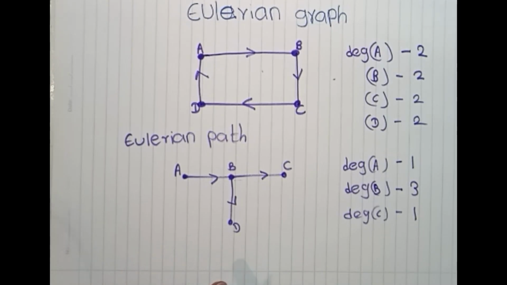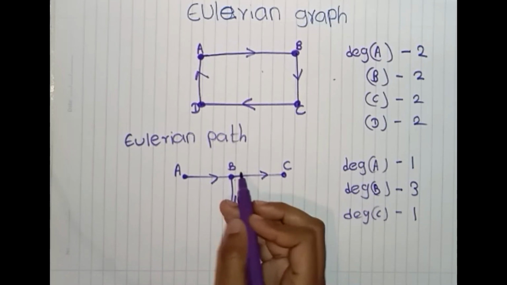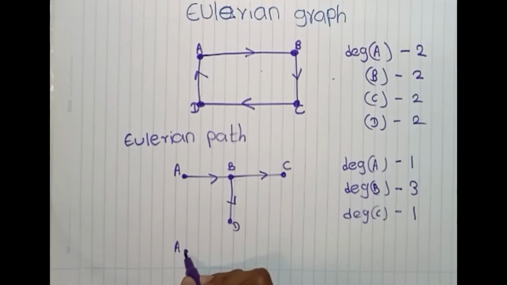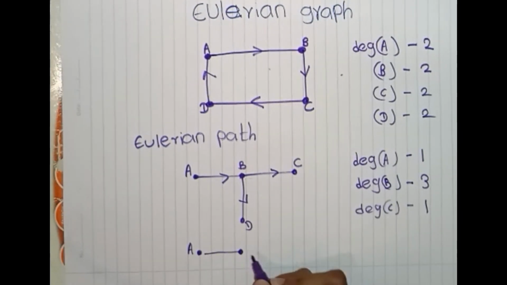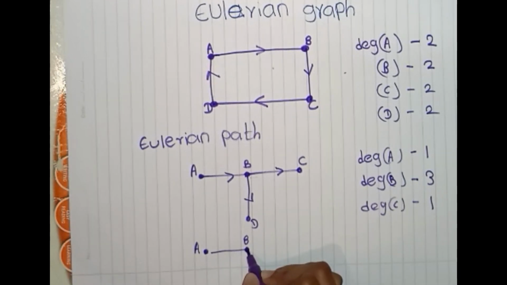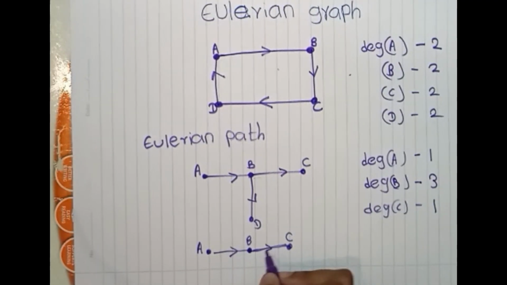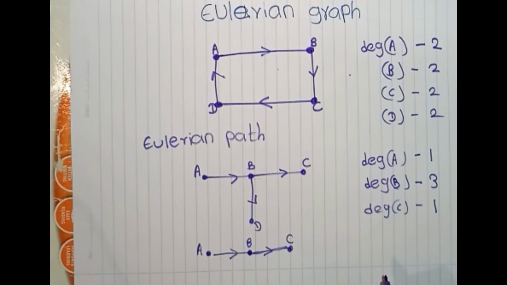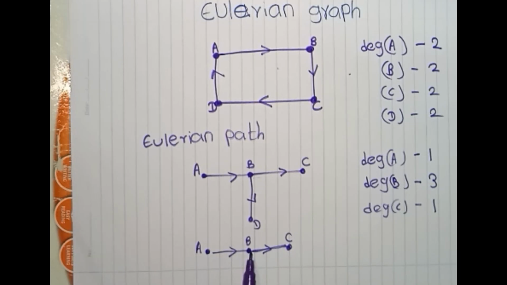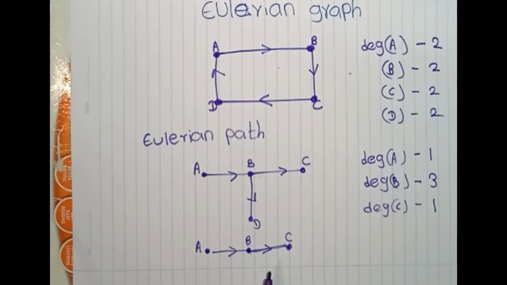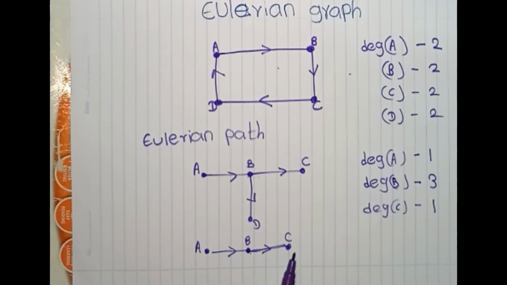As for a valid Eulerian path, we can take point A to B and B to C. A has 1, which is odd, and B has 2, which is even, and C also has 1, which means odd.